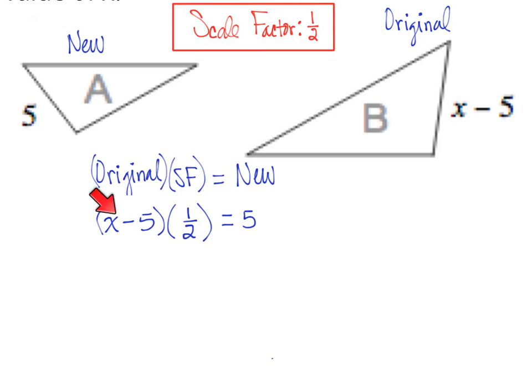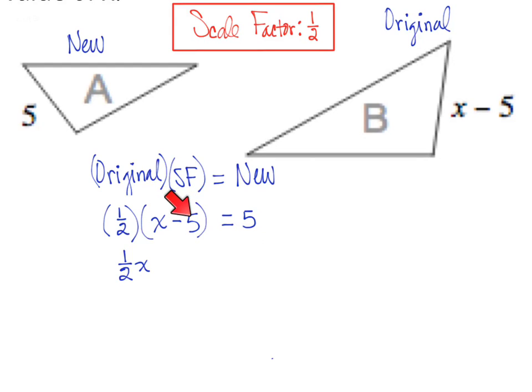Okay. So now my job is to multiply x minus 5 times 1/2. It'd probably be easier to see it as 1/2 times x minus 5. So now what I'm doing is I'm multiplying 1/2 times x, but I'm also multiplying 1/2 times negative 5. So let's see, we have 1/2 times x, that's going to give us 1/2 x. And then 1/2 times negative 5 is going to be, well, what's half of 5, right?